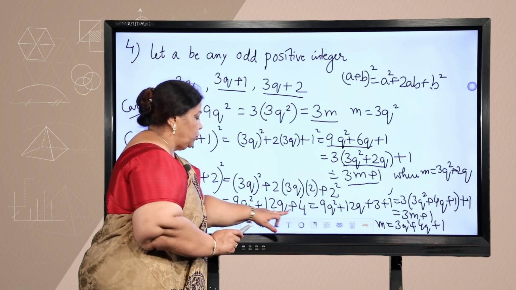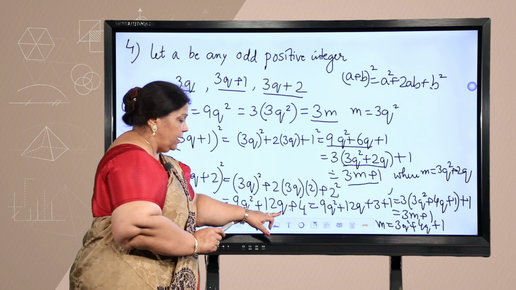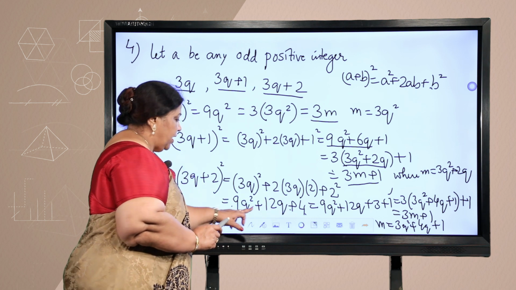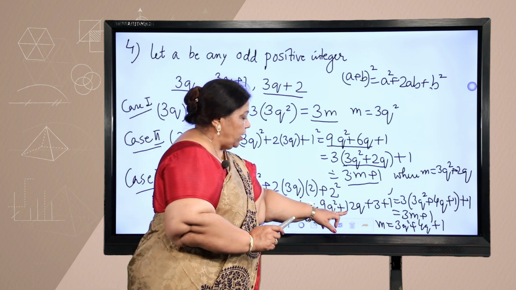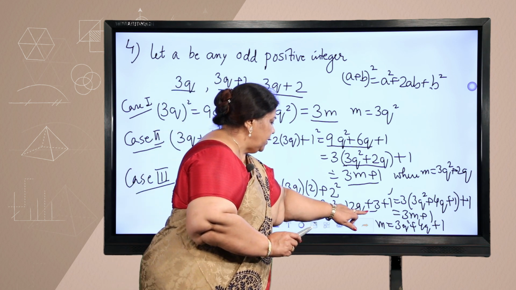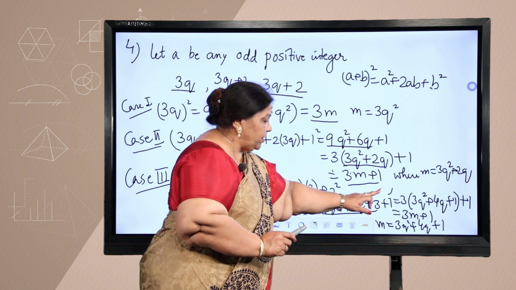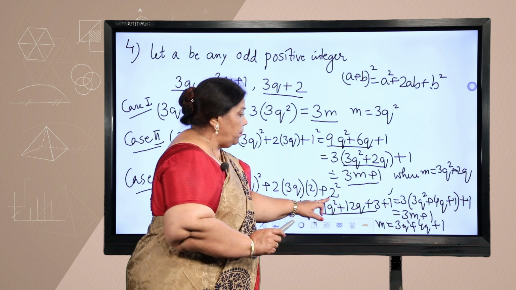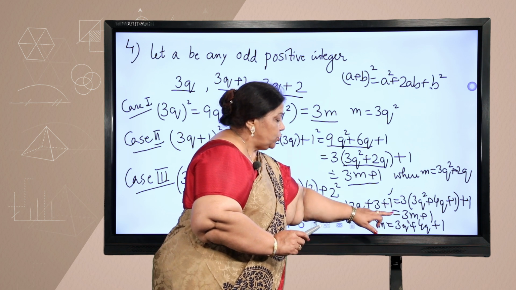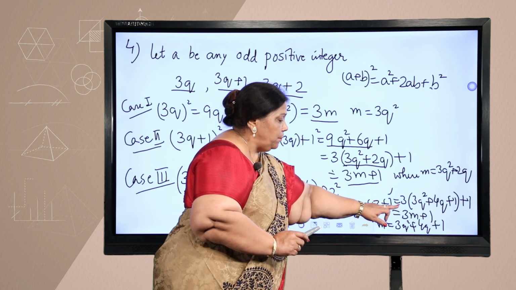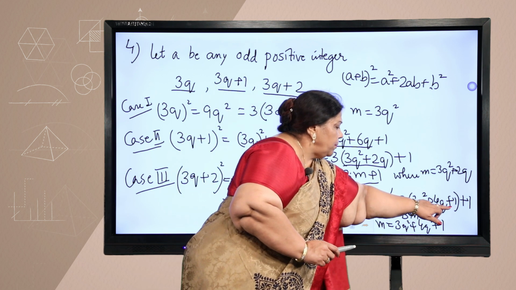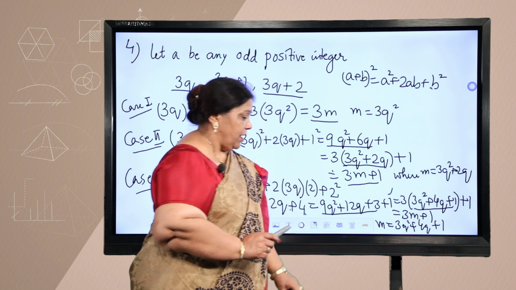Here in this step, we should notice that if I take 3 common, 4 should be split as 3 plus 1, which I have done here: 9q square plus 12q plus 3 plus 1. Now, if I take 3 common in these terms, I am having 3 into (3q square plus 4q plus 1) plus 1, 1 was left here. So, I can express this as 3m plus 1, where m is equal to 3q square plus 4q plus 1.